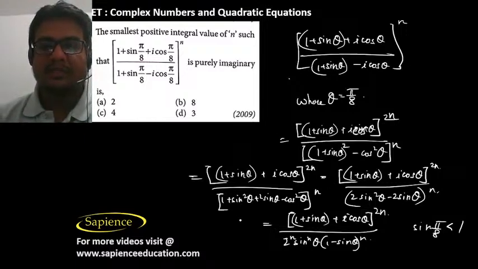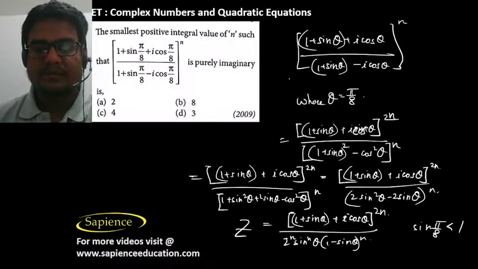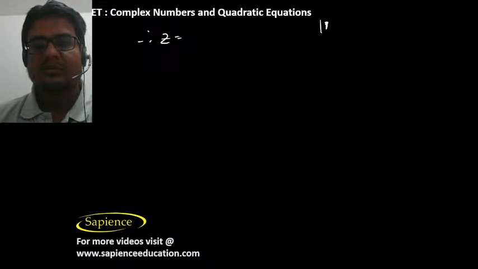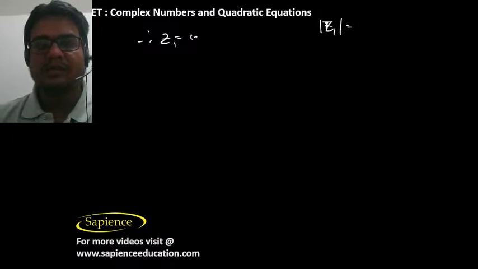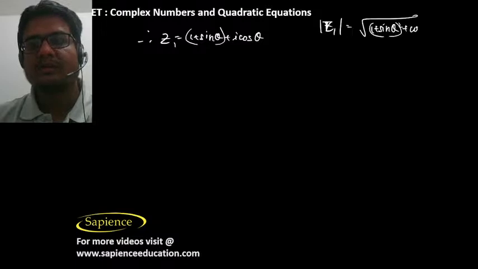Now therefore, let's say this is z. Now this z can be written as... so therefore the magnitude of z1, suppose I take z1 as 1 plus sine theta plus i cos theta, then that is the square root of (1 plus sine theta) whole square plus cos square theta.